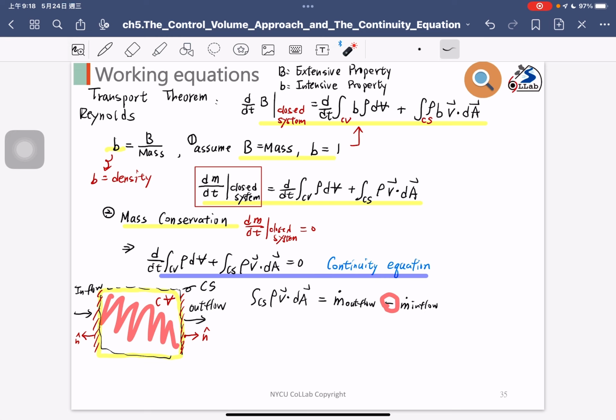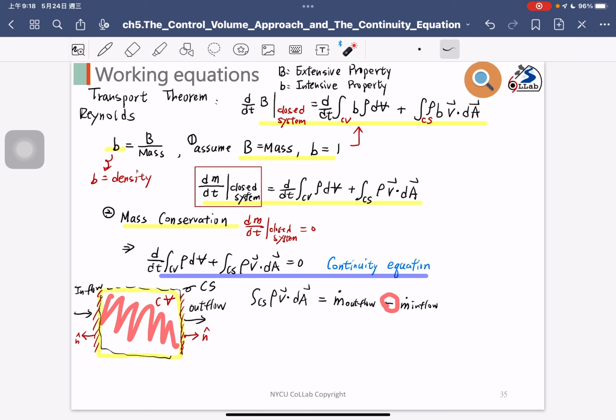But for the outflow side, the normal vector is parallel to the flow direction, so the mass flow rate here is positive. So for the integration along the control surface, we always use the outflow minus the inflow. It's because the normal vector of the cross-section area is parallel or opposite to the outflow or inflow directions.